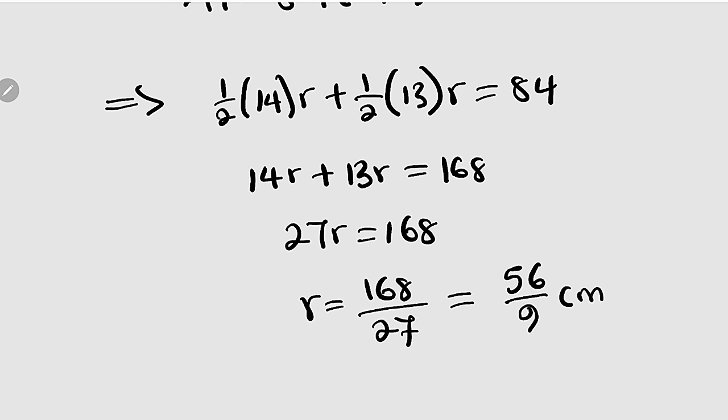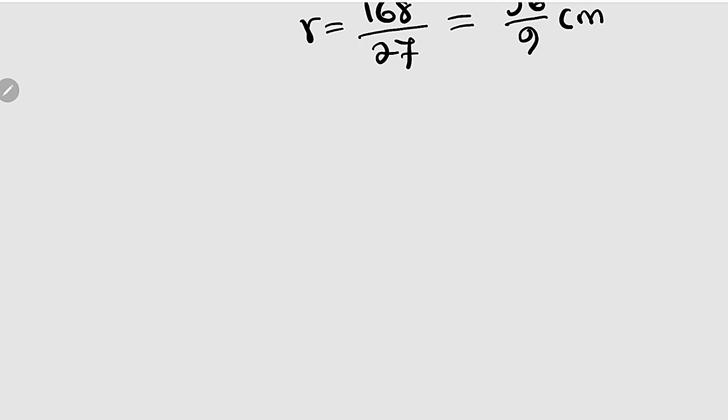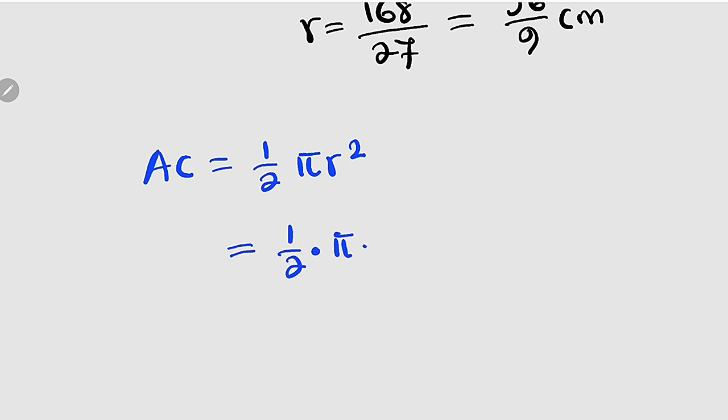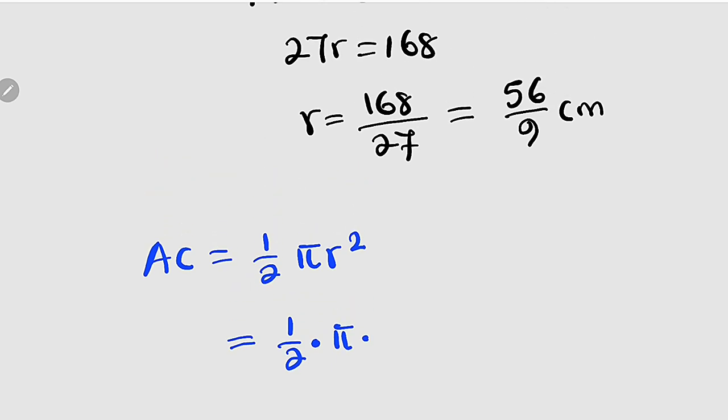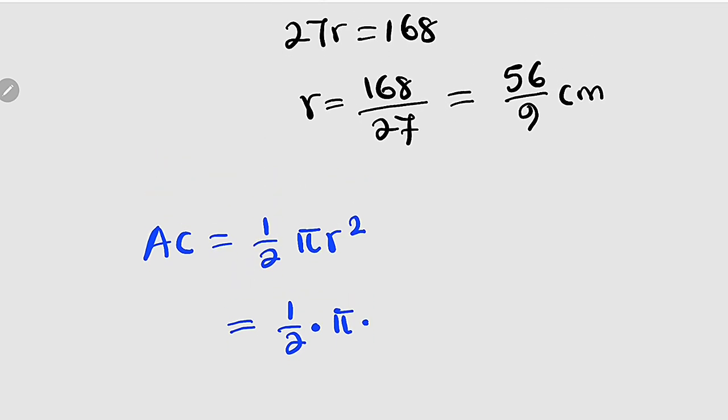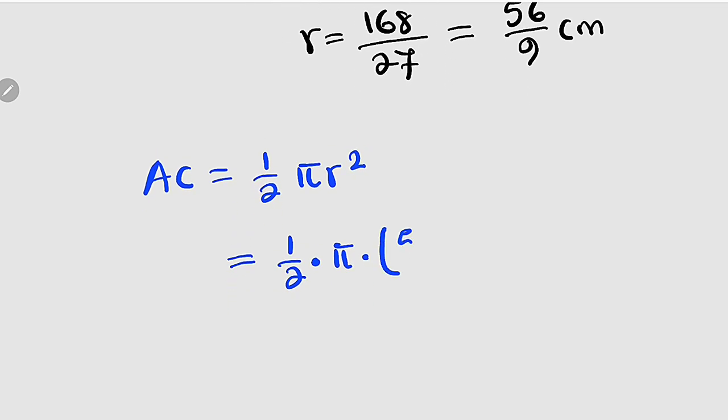And to find the area of the semicircle which we are looking for, remember, the area of a semicircle is the area of a circle divided by 2. So the area of the semicircle is equal to half of the area of a circle. So this is equal to 1 divided by 2 multiplied by pi multiplied by the radius squared, and the radius is 56 divided by 9, whole squared.